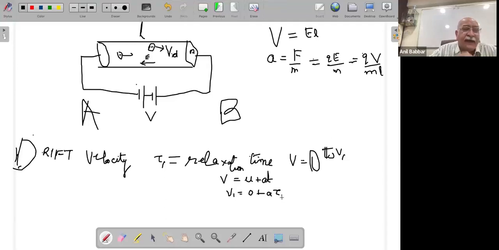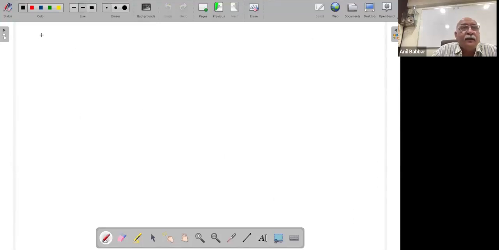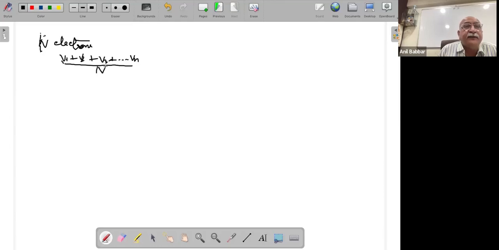And let's say there is an average of n electrons. So we have V1 plus V2 plus V3 plus, till n number of electrons, Vn, whole divided by n number of electrons, right?